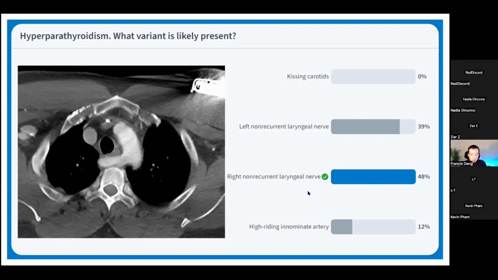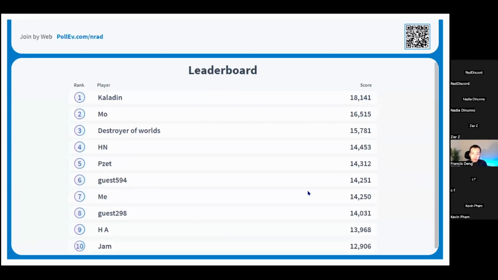So right non-recurrent laryngeal nerve. And the opposite side might be true. If you had an abnormal right-sided aortic arch with an aberrant left subclavian artery, then you would have a non-recurrent left laryngeal nerve.